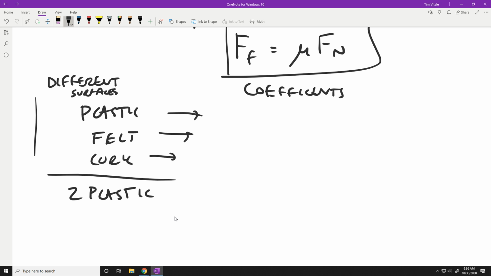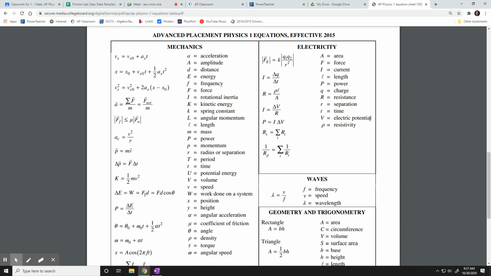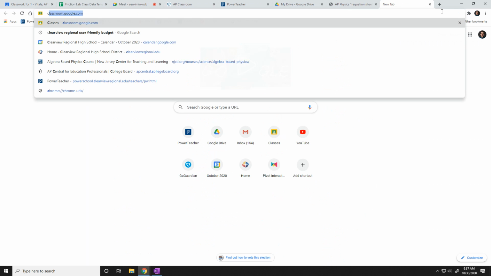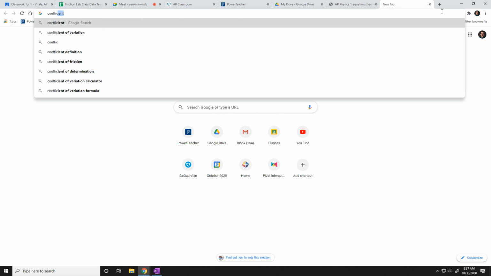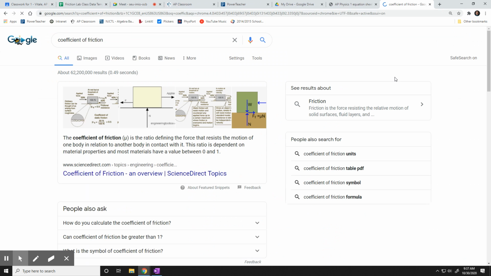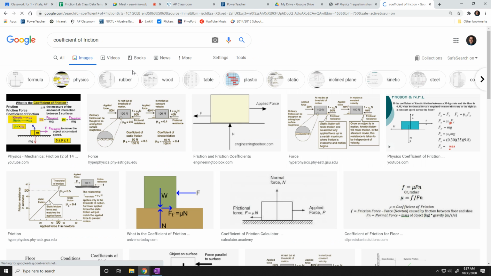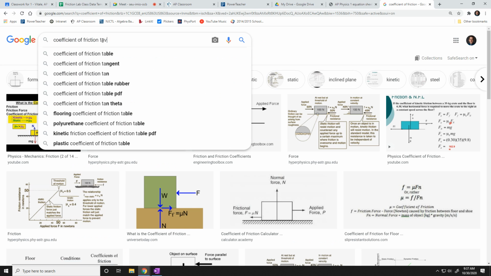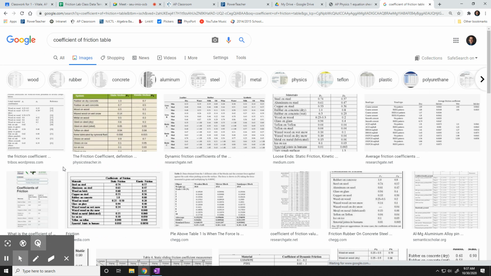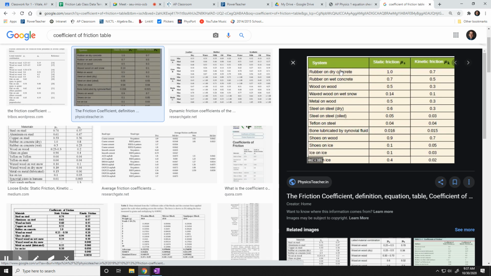I think the plastic ended up being around 0.2, the felt around 0.3, and the cork around 0.5 to 0.8. They can be different depending on the surfaces, but if you just Google coefficient of friction, you can get a table of lots of different coefficients of friction.